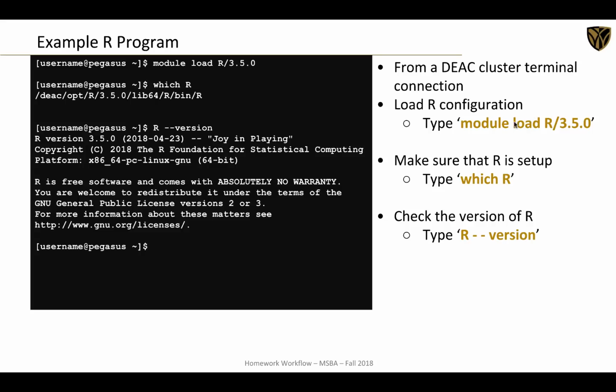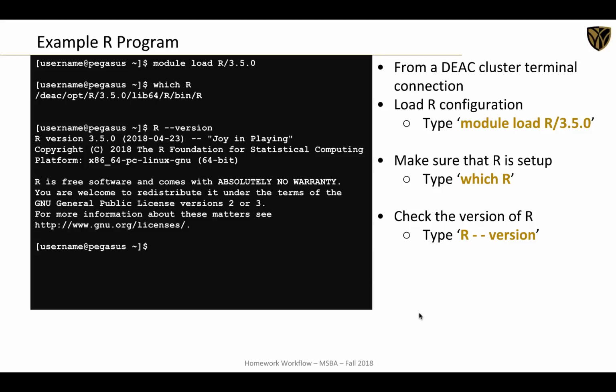Looking at the cluster's R installation, users must load it the same way as any other software installation on the DEAC cluster, with the use of an environment module. Environment modules are handy because they load configurations to your current login session to make it as if those software packages you wish to use were installed locally for your user account, when in reality all software, including R on the DEAC cluster, has been installed on our shared storage, which is how we easily make it available across all of our nodes.